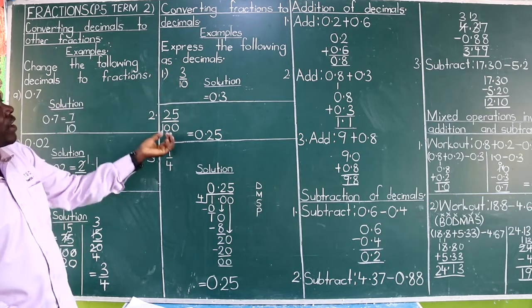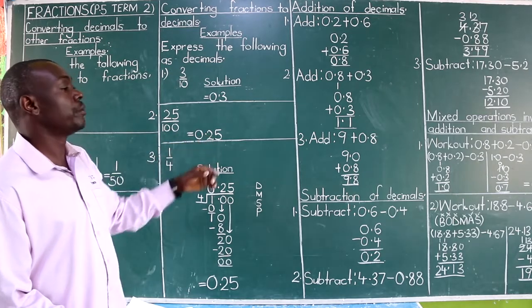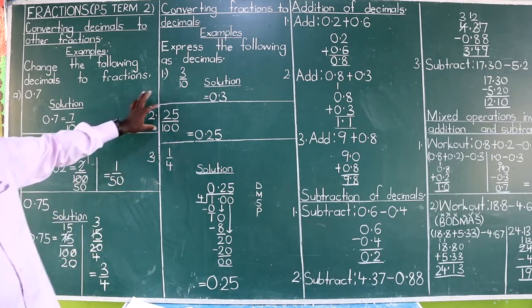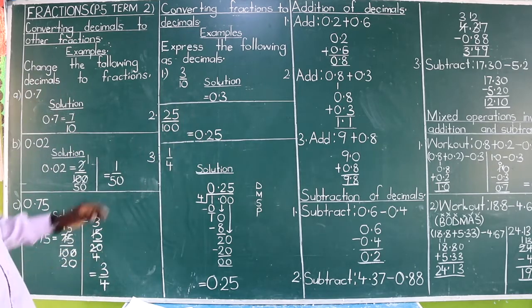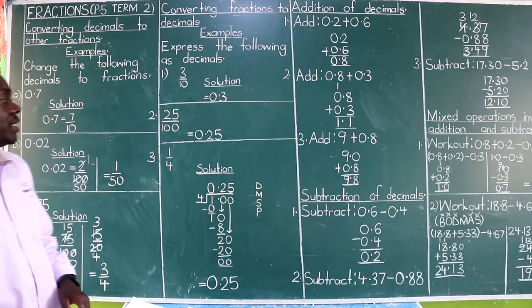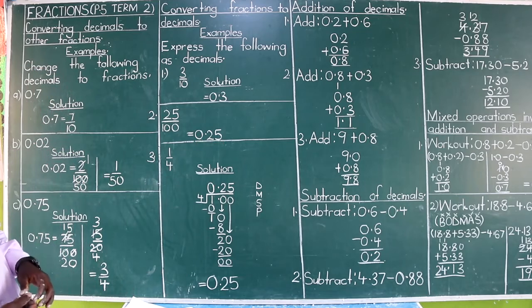So 25 hundredths is equal to 0.25. Both are read as 25 hundredths. 25 out of 100 is equal to 0.25 because both are read as 25 hundredths.